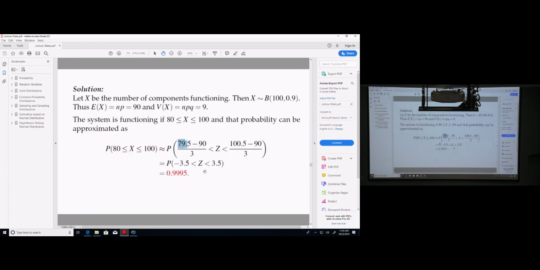Let's try to rework this. Okay, so the binomial n is 100, the p is 0.9. I was thinking whether it is reasonable to use Poisson approximation.